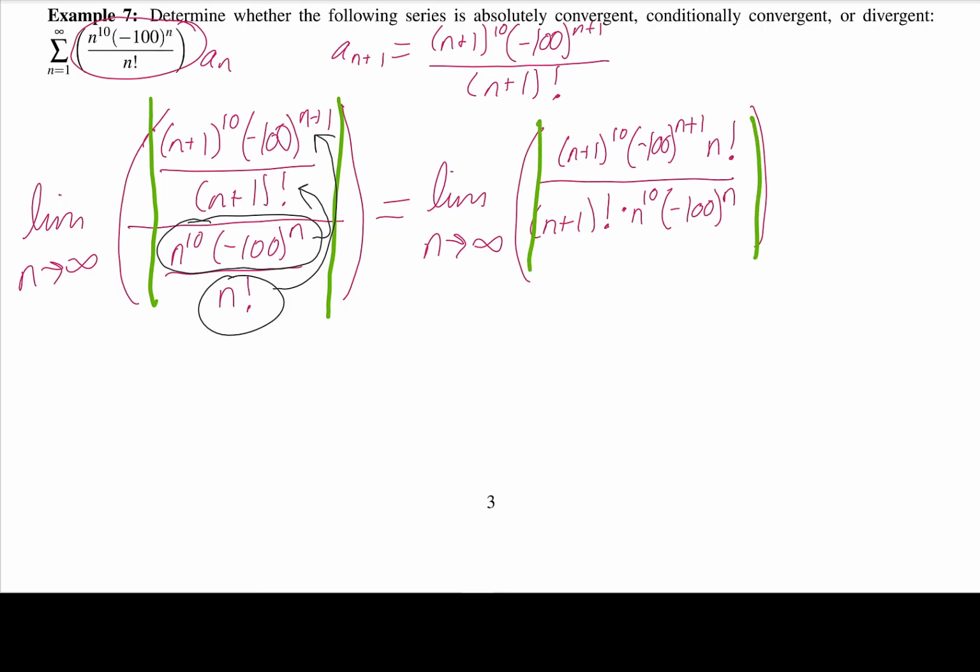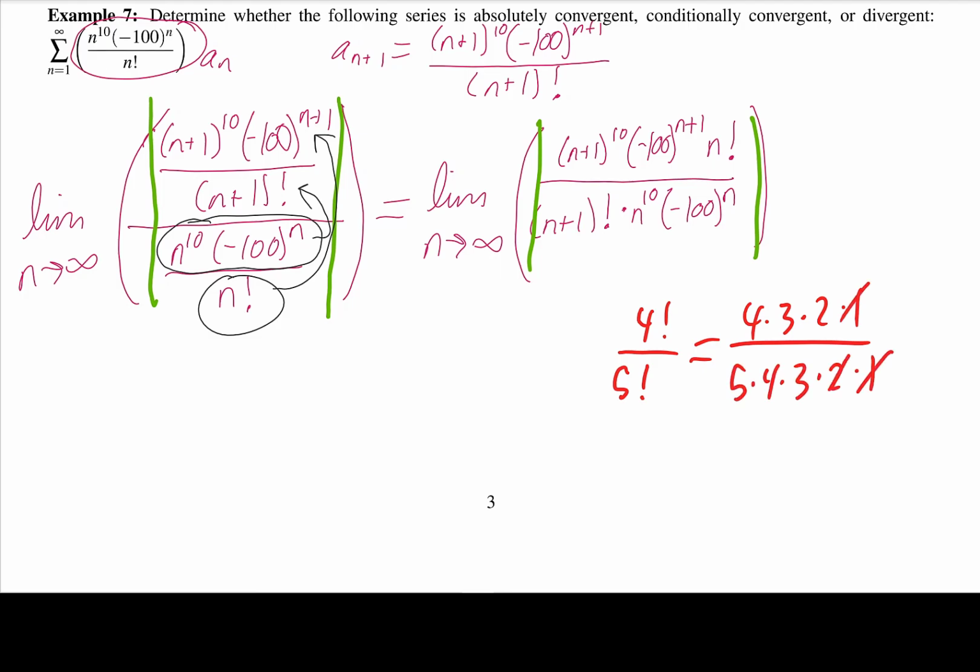Okay, so there's something we need to remind ourselves about, which is how does factorial work? Imagine I have something like 4 factorial over 5 factorial. This is 4 times 3 times 2 times 1 over 5 times 4 times 3 times 2 times 1. So all of these can cancel out, and we'll be left with 1 over 5.